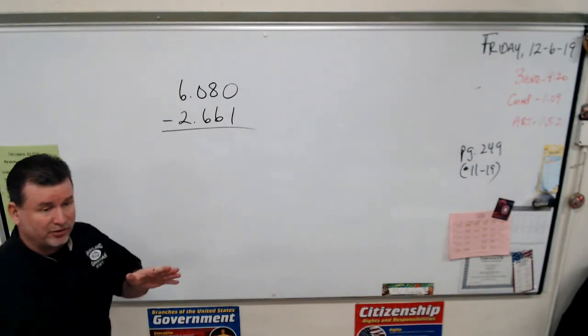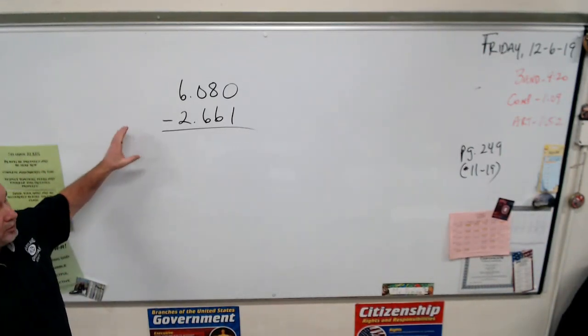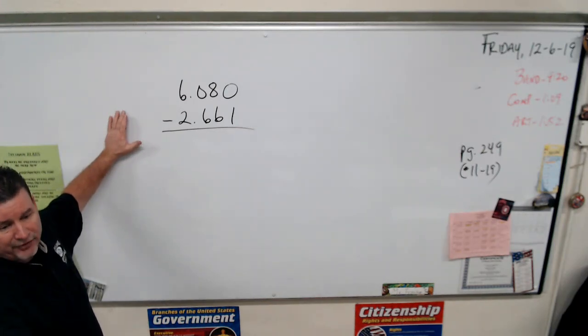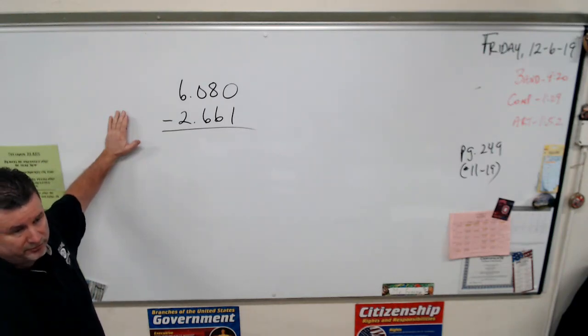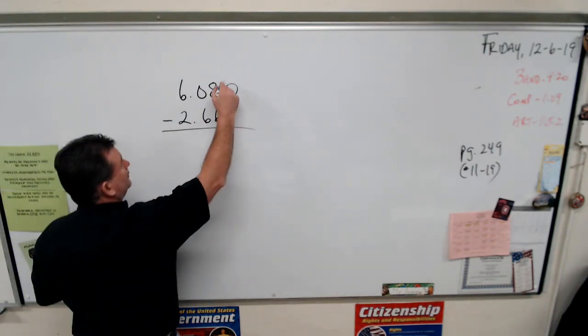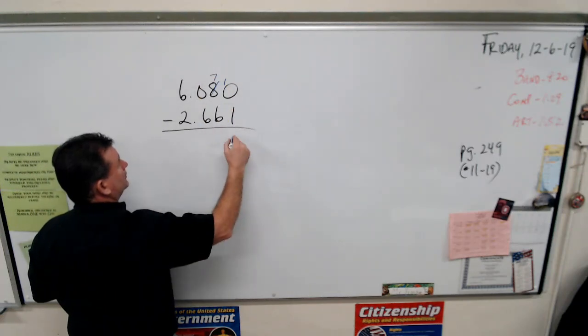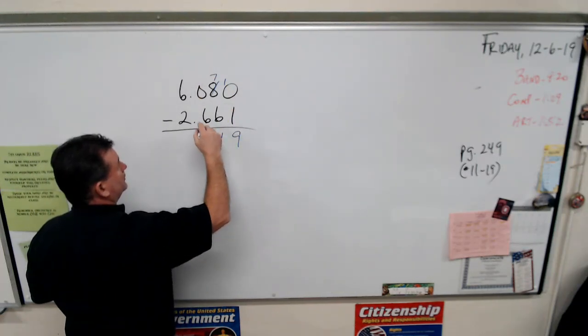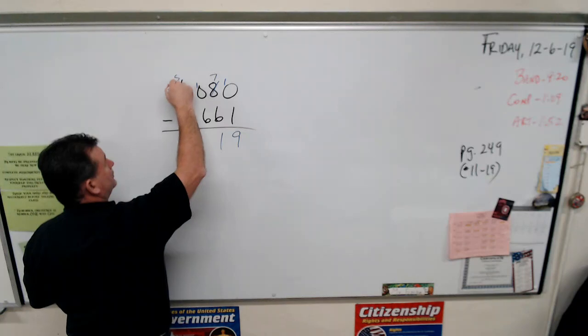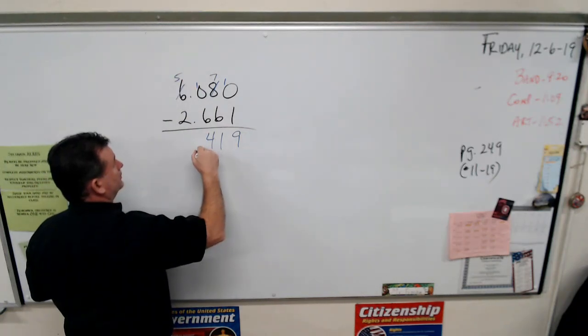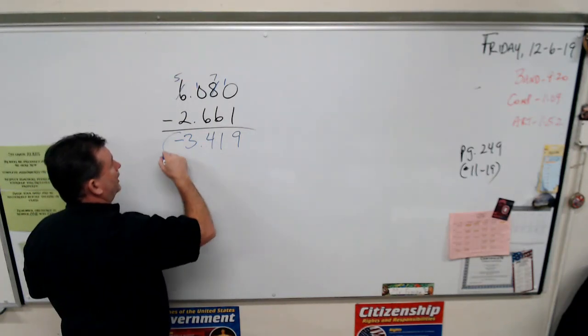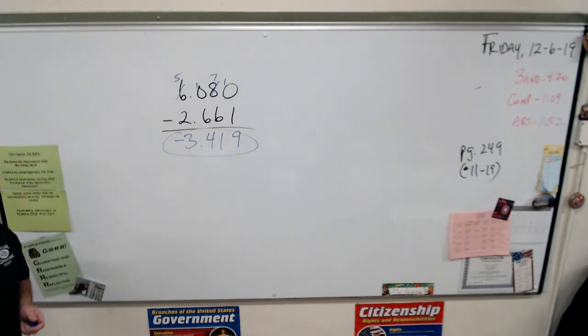And the final answer, Noah, when you look at the original problem, it's -6 and +2 that you're combining, right? So the final answer is going to be negative. Who got -3.419? Very well.